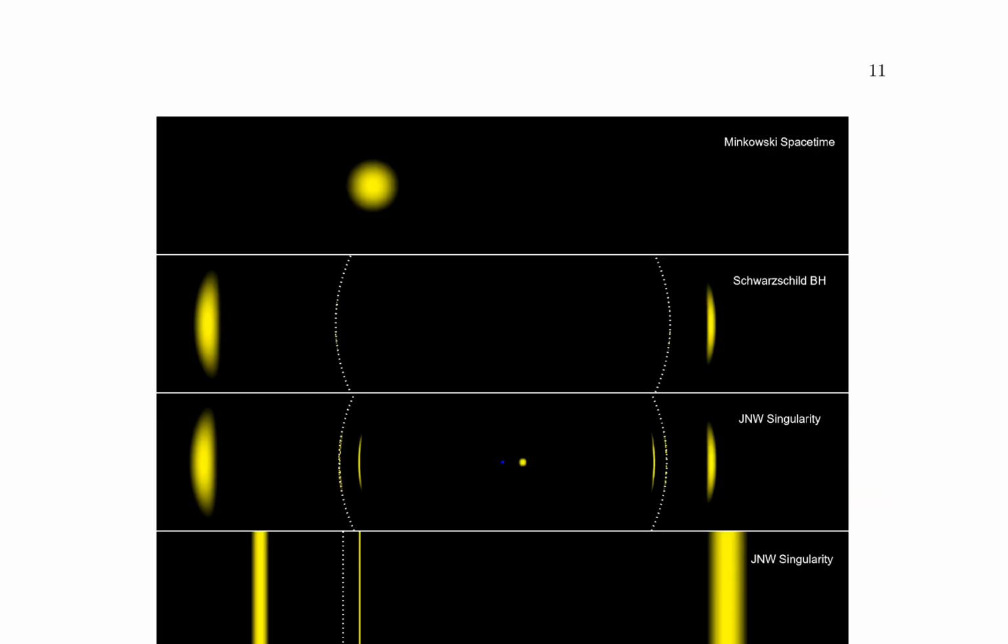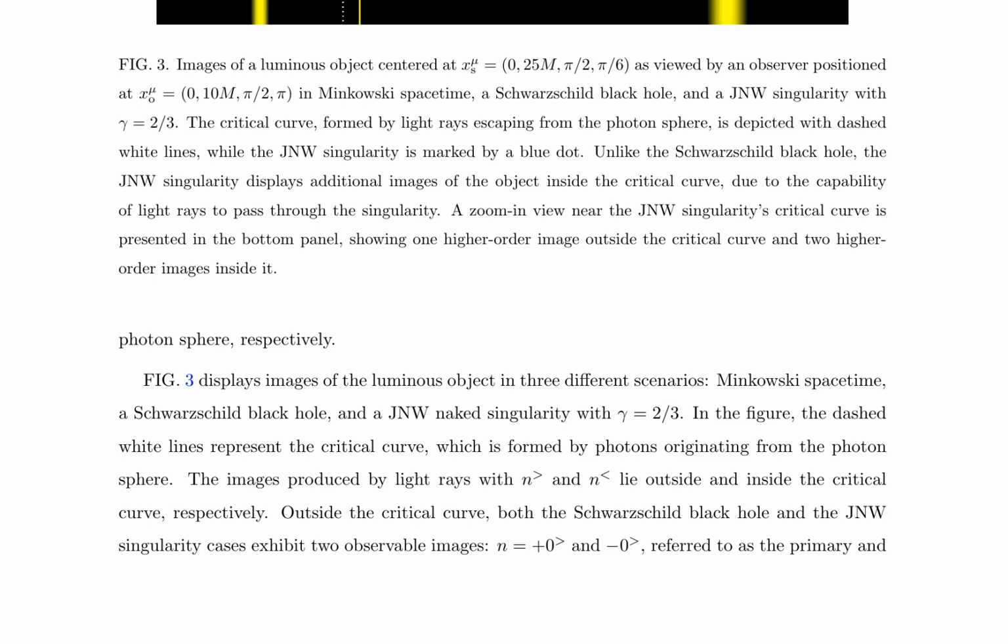The figure depicts three scenarios: Minkowski spacetime, a Schwarzschild black hole, and a JNW naked singularity with γ = 2/3. The critical curve, formed by light rays escaping from the photon sphere, is shown with dashed white lines. The JNW singularity displays additional images of the object inside the critical curve due to light rays passing through the singularity.